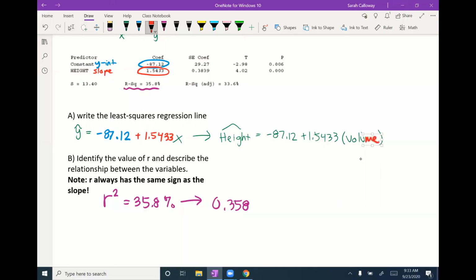Since I want to know r, not r squared, I'm going to take the square root of that number to figure out r. So the square root of 0.358 is approximately 0.598.